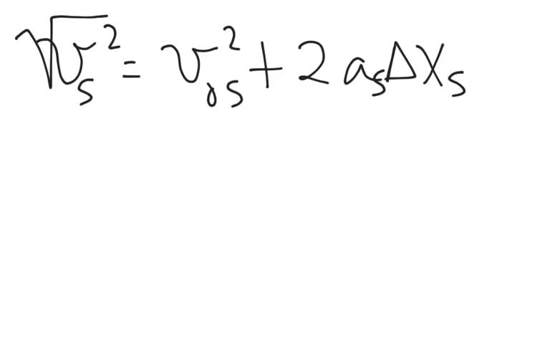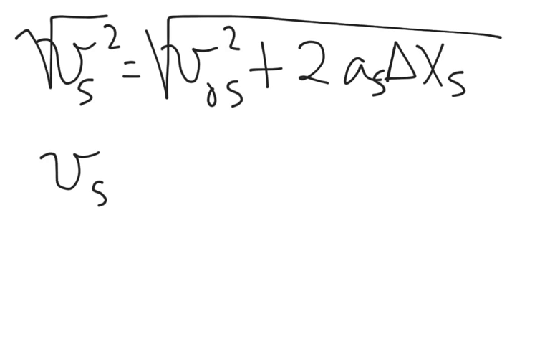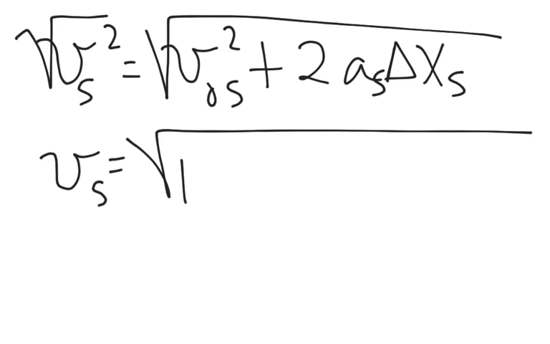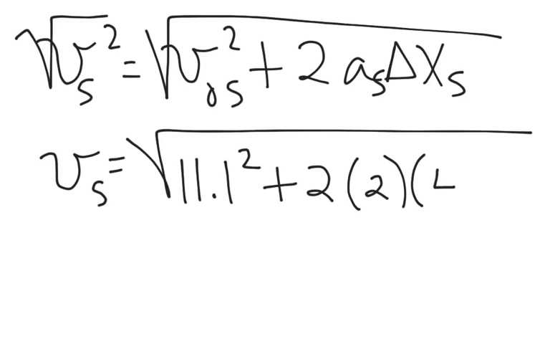So to do that, I need to take the square root of both sides. And so the speed of Superman after he overcomes the train is going to be the initial speed of Superman squared, the acceleration was 2, and that's 400.